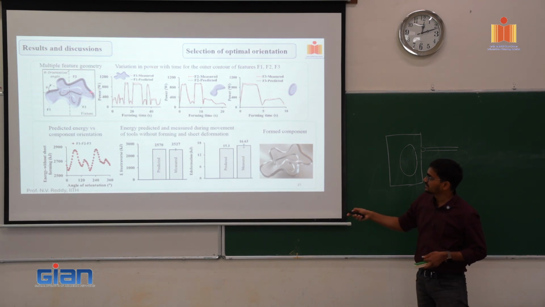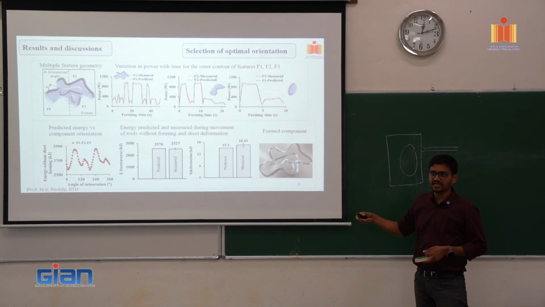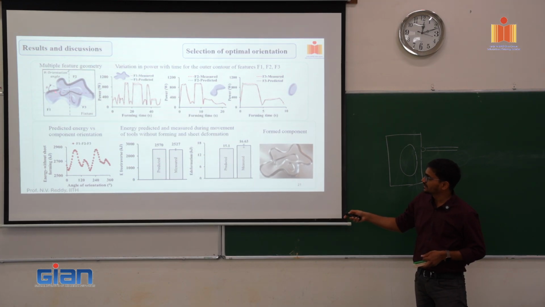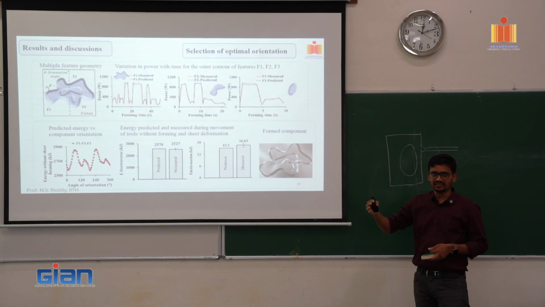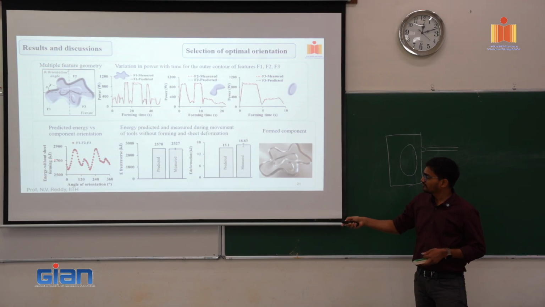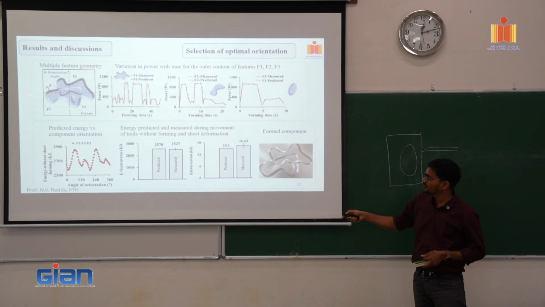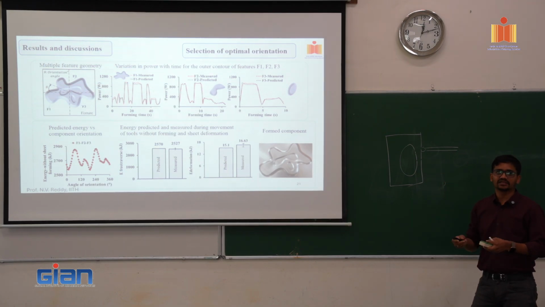So here, let's say this is a complicated component you are trying to make. Now you see this angle theta is the orientation angle. This graph tells you what the energy is as you are changing the orientation angle. If you change the orientation angle, your energy requirement also changes significantly.